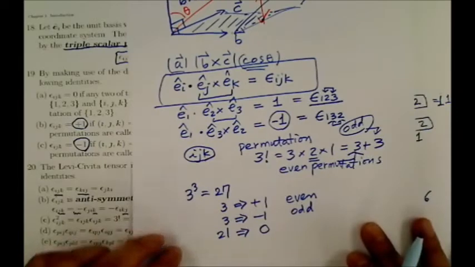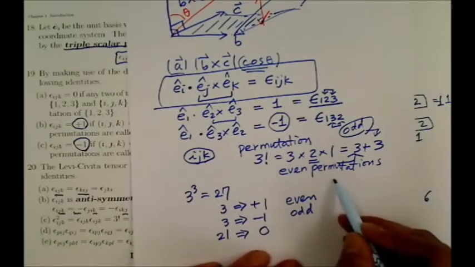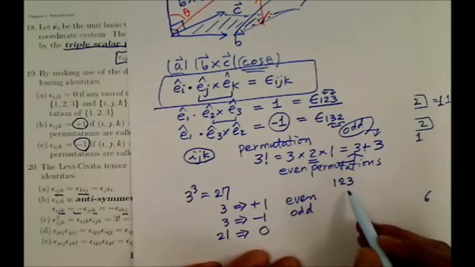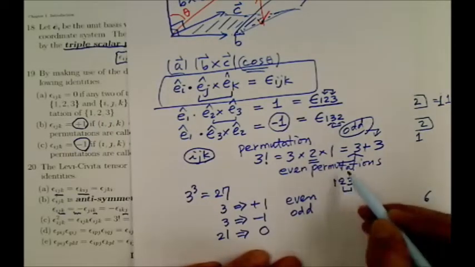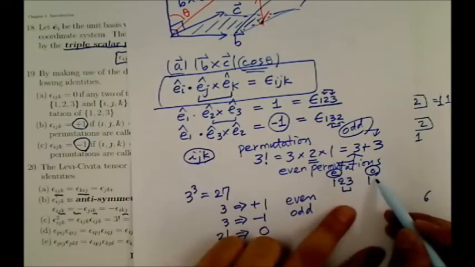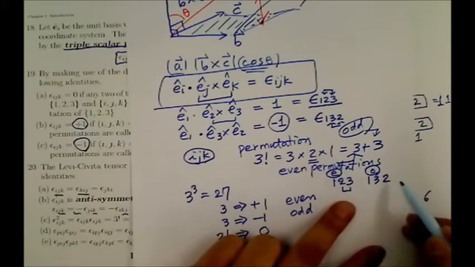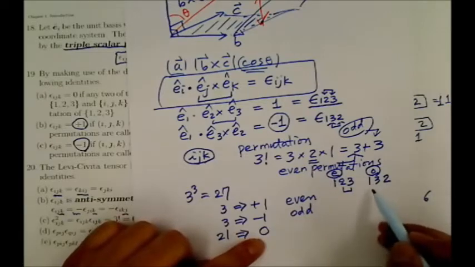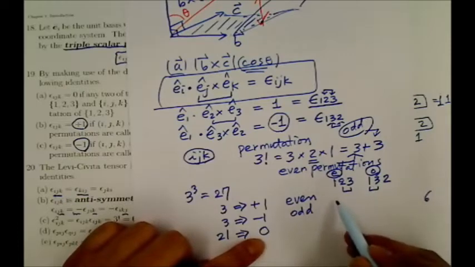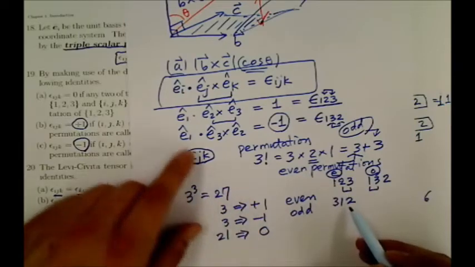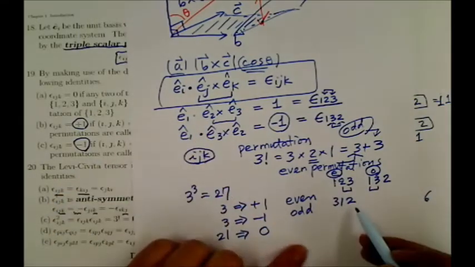Even permutations are summarized as the cyclic order 1, 2, 3. If I exchange these two, this is even, and I would obtain 1, 3, 2. This is an odd case. If I exchange these two, then I would get 3, 1, 2. That is even. You can check with the triple scalar product.